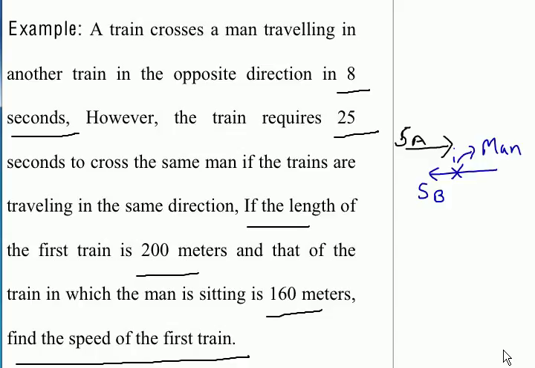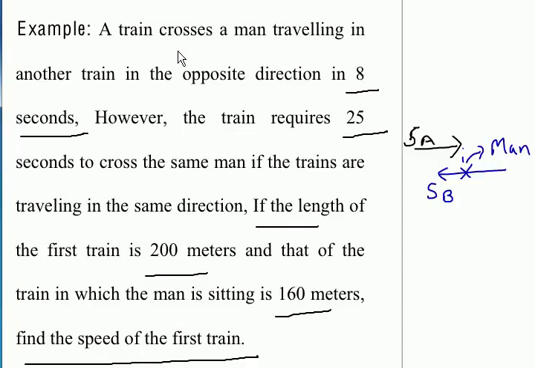Now the problem is saying the train crosses a man in the opposite direction in 8 seconds. So the time taken by this first train A to cross this man is 8 seconds. So let me just put down the length of train A, which is 200 meters, and the length of train B, which is 160 meters.